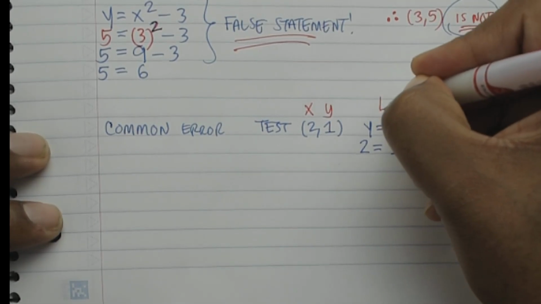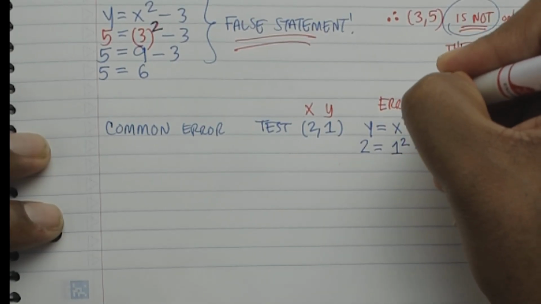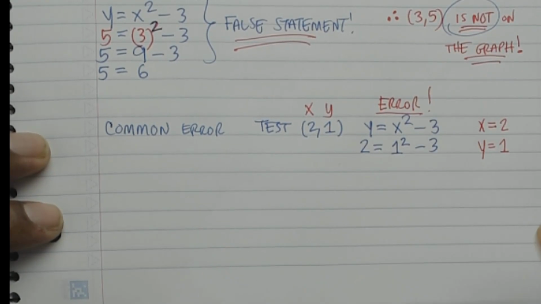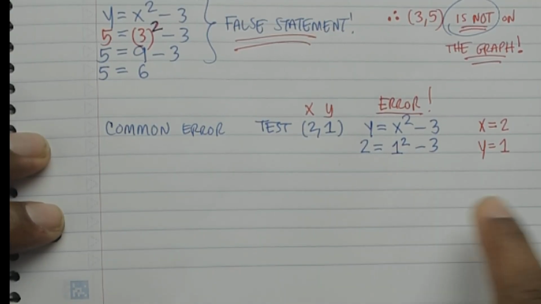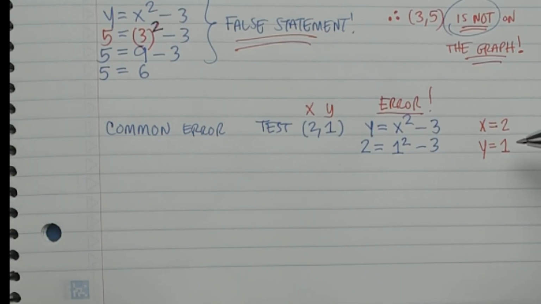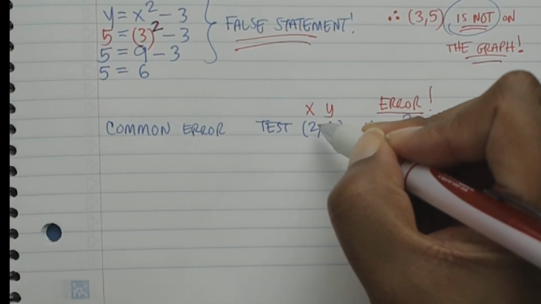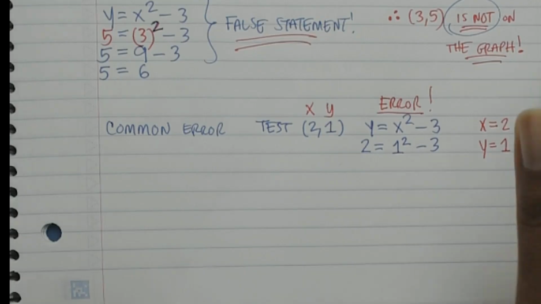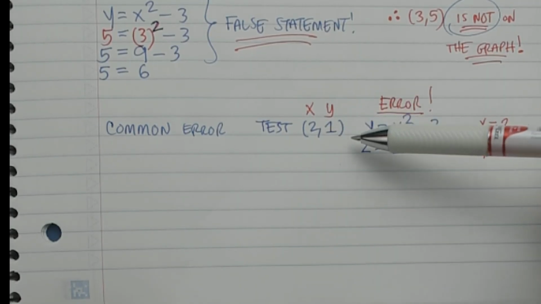Okay, so this is a common error. Just make sure you know which values are representative of which so that you can substitute accordingly. So always remember that this is (x, y), and that the first coordinate is x and the second coordinate is y.